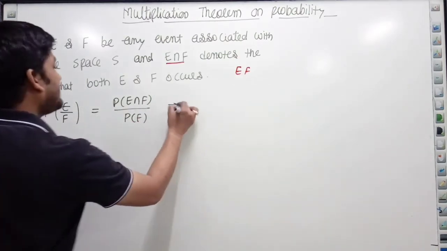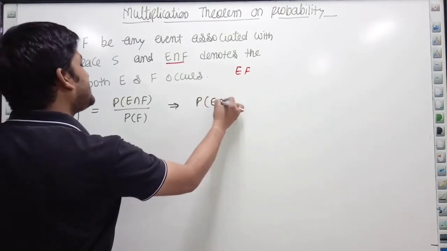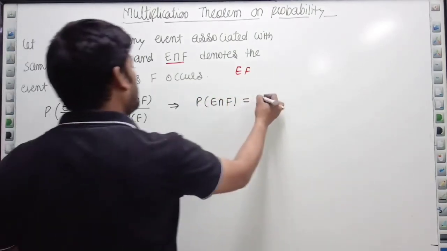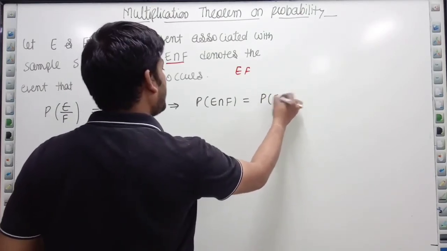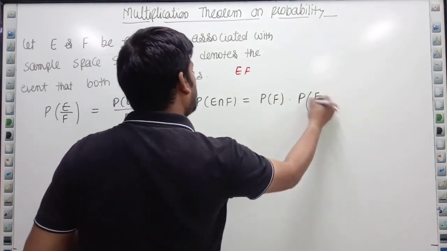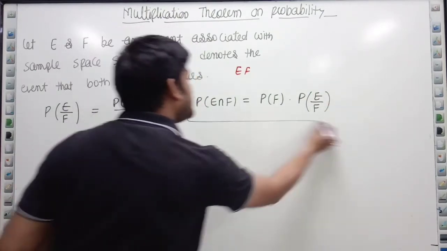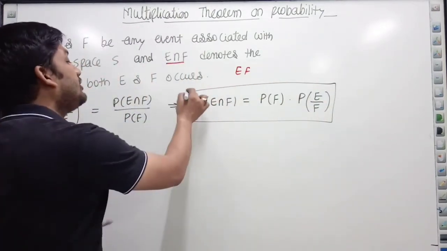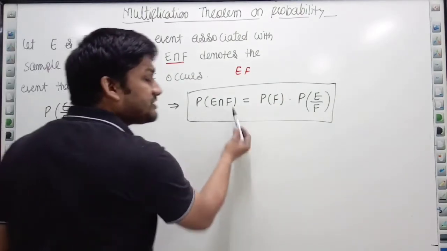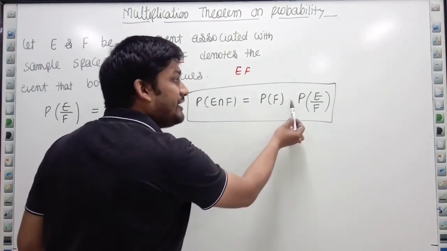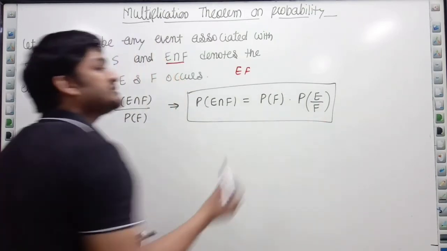From this result, can I write P(E intersection F) is equal to P(F) into P(E|F), right? And this is known as multiplication theorem. Probability of E intersection F is probability of F into probability of E such that F has already occurred.